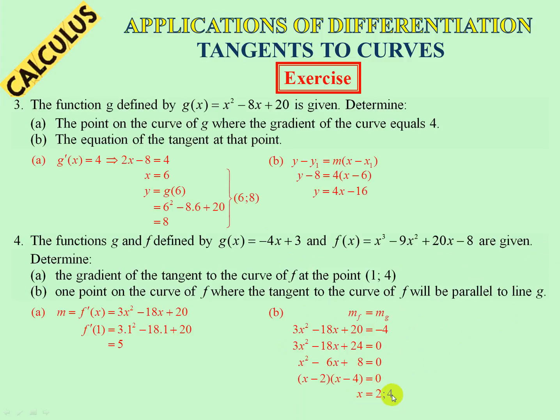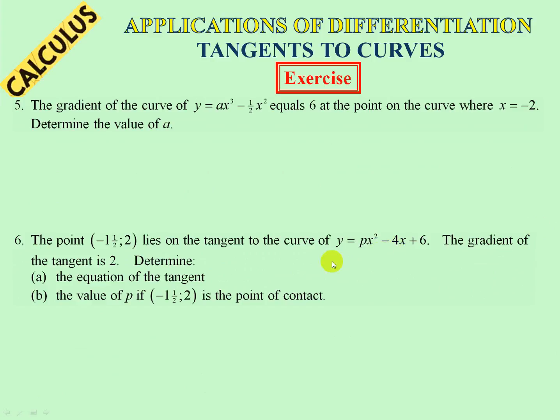So we get x equals 2 or 4. 4 is grayed out because it does say 1 point. Find 1 point. So we're finding 1 point, x equals 2. Substitute into the original to get the y value, and there is the point. Of course, you may have done the other one, so let's just put in what that one would be. Substitute 4 into the original, and we get 8, so there's the point 4, 8, just in case you found that one instead.